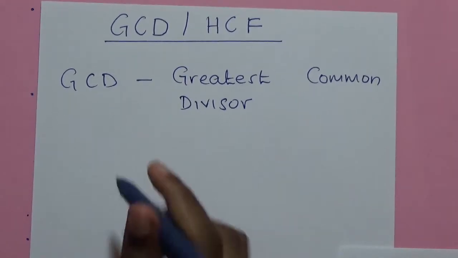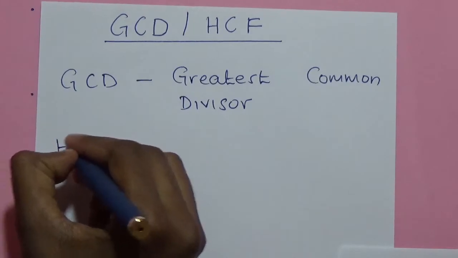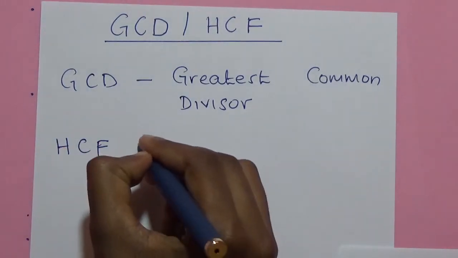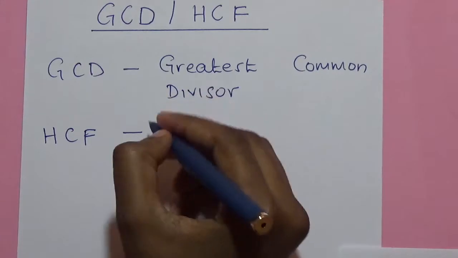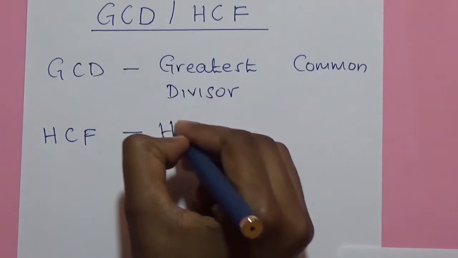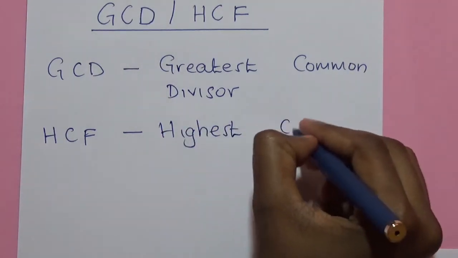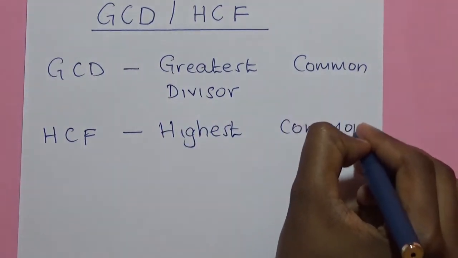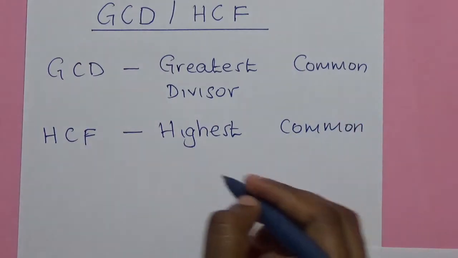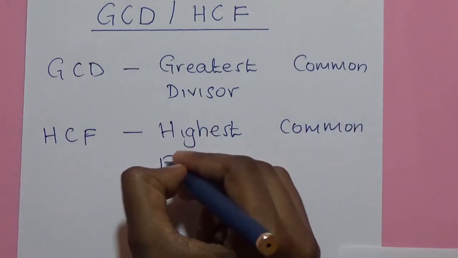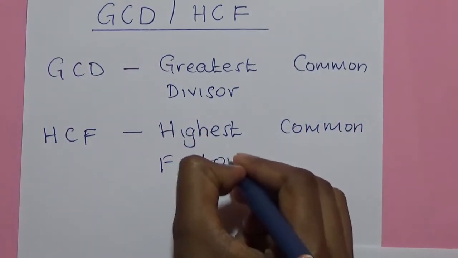And HCF stands for highest common factor. C stands for common, just like in GCD, and F stands for factor.